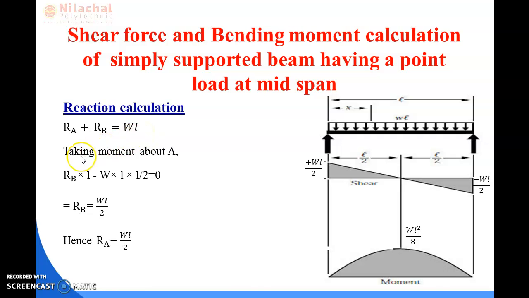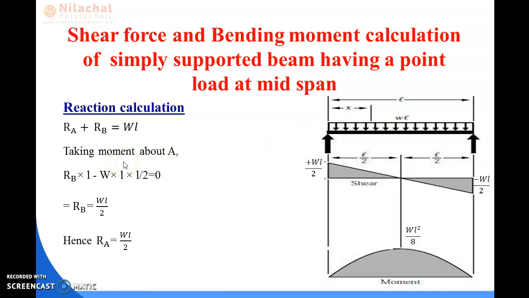Next one is, for the value of RA and RB, we need to calculate the moment calculation about the point A or B, that means any end of the beam. So here we are considering the point A, that means this point.